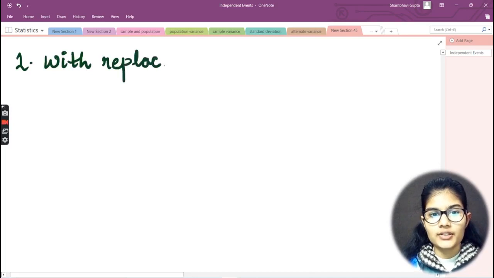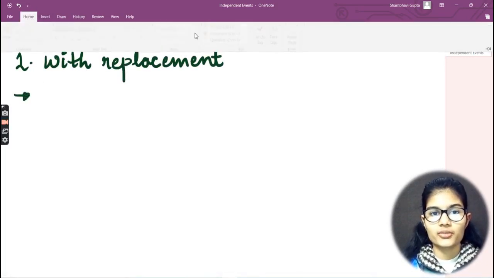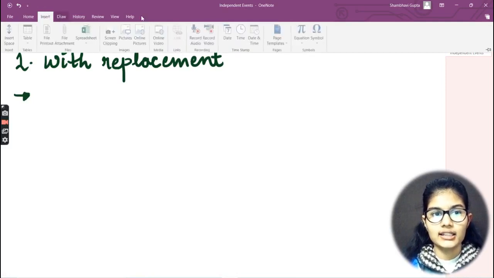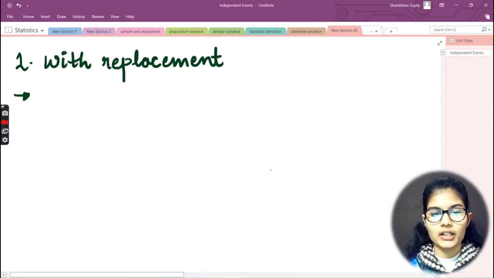Okay, so with replacement. Now here go my conditions and the things that are to be taken care of. Let me quickly take out my color. Great. So let's learn first of all about with replacement.